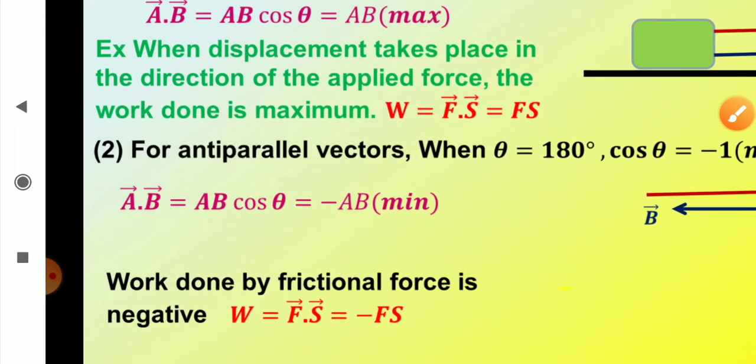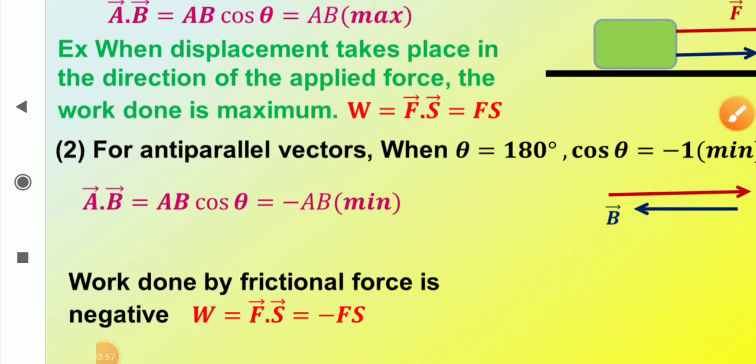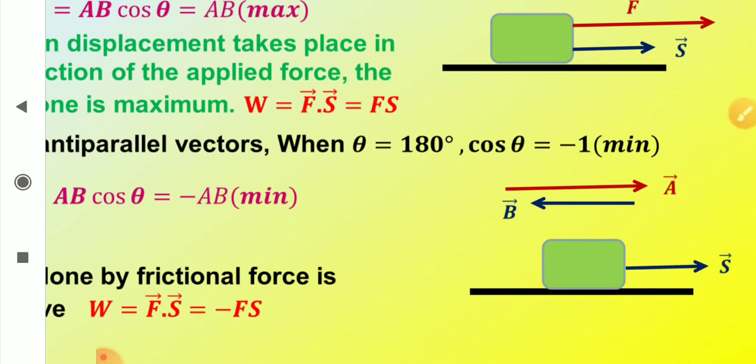And let us take an example of negative work done. Work done by frictional force is negative. It is given by F dot S, that is minus Fs. And look at the diagram now here. F, S, friction.